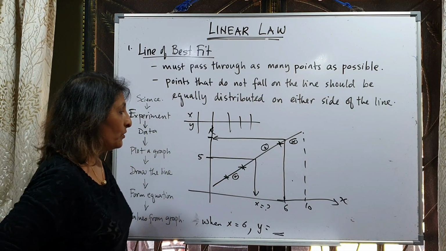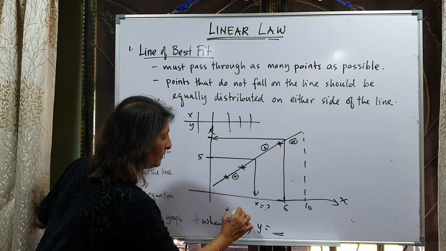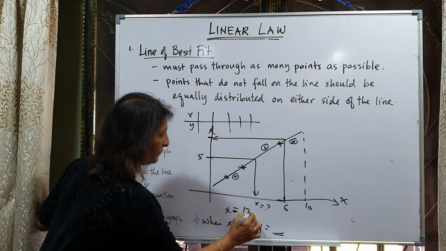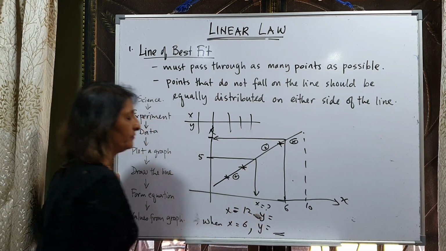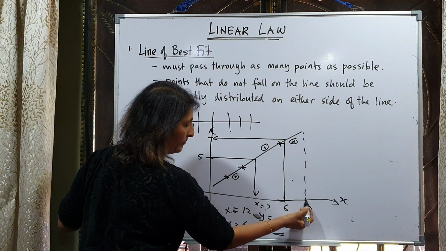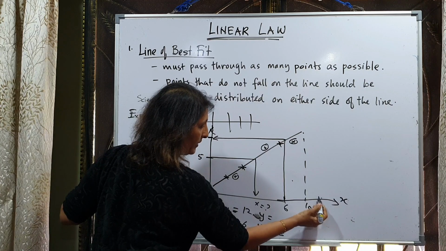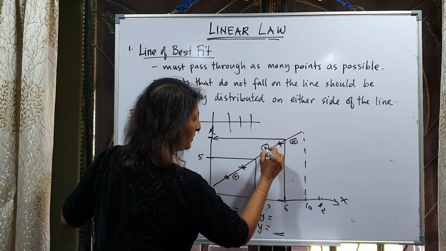Now what if I ask you, what is y when x is 12? What is y? When you see your graph, you have only drawn up to 10. 12 is outside here. But you can still find the answer because it's a straight line.